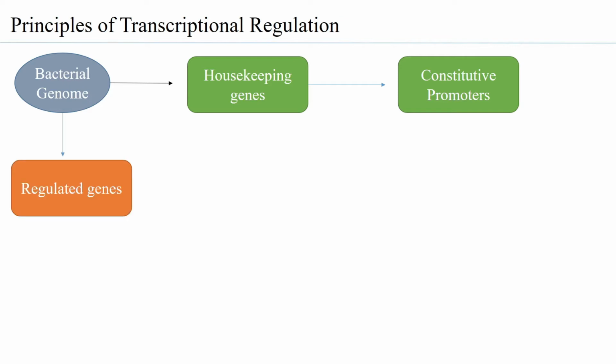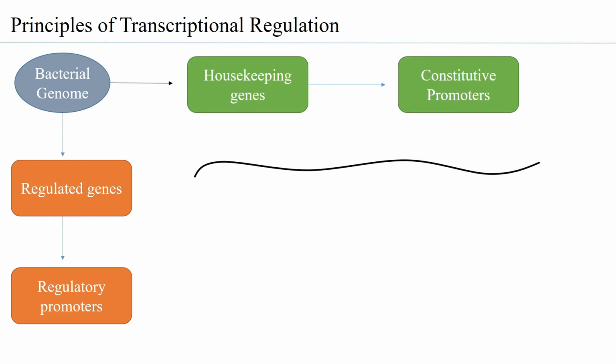Now, there are certain other genes which are regulated genes. It means that these promoters are the regulatory promoters, and these promoters can be bound to by activators or repressors, that means the regulatory proteins, to basically influence the expression of the gene.